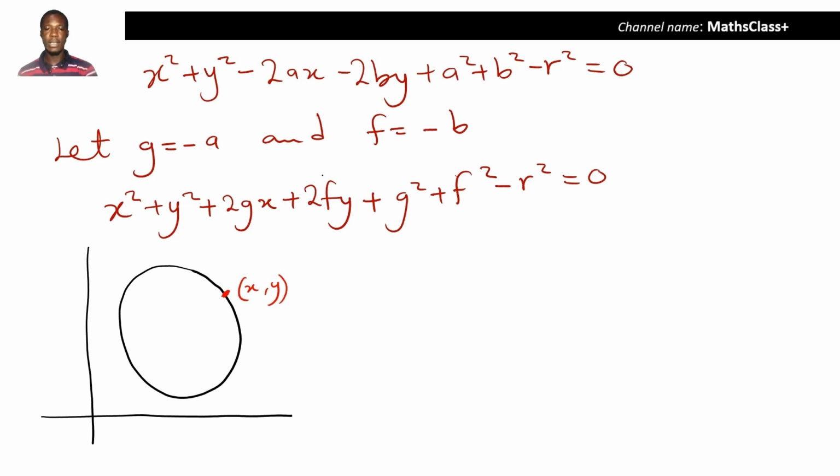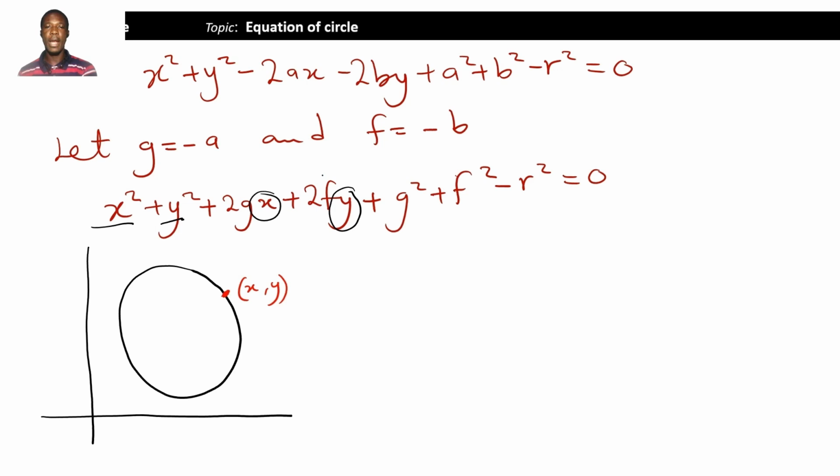What that means is that in the equation of a circle, our variables are x and y. So this is our variable, this is a variable, this one is also a variable, and then this one is a variable.